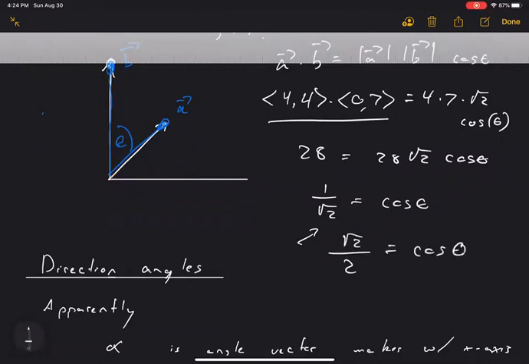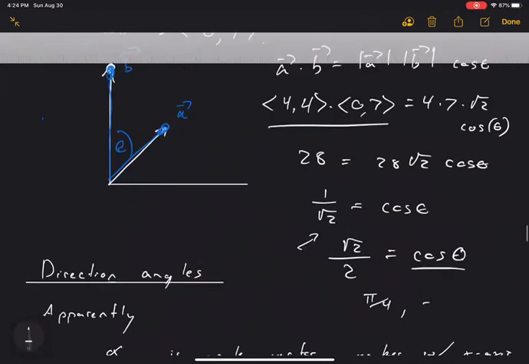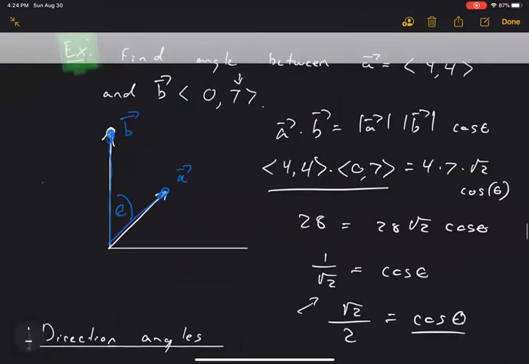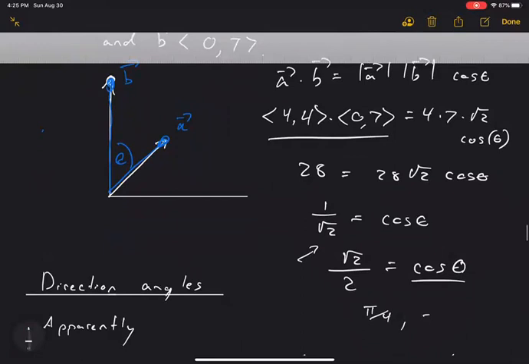Okay, so what angle has cosine of square root of 2 over 2? The angle would either be pi over 4 or negative pi over 4, etc. There's a couple ways to write it. But really, we're not talking about the angle with relation to the x-axis.